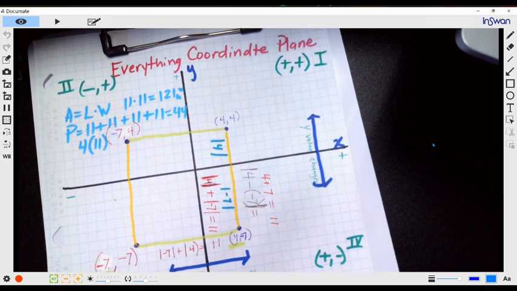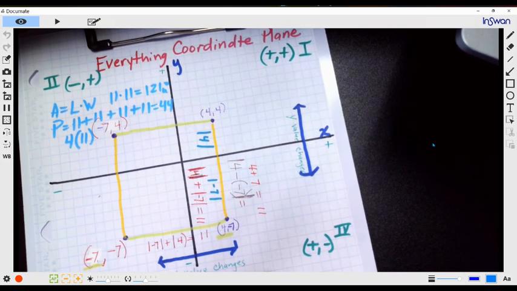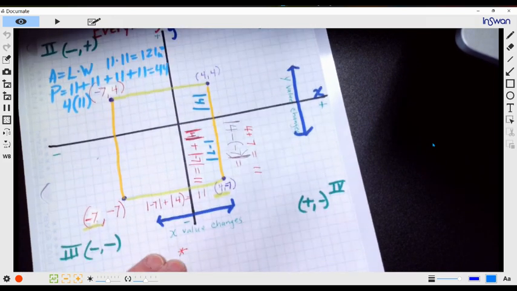When you have values that are in the same quadrant, so I'm just going to put like a little note here. So write this down.